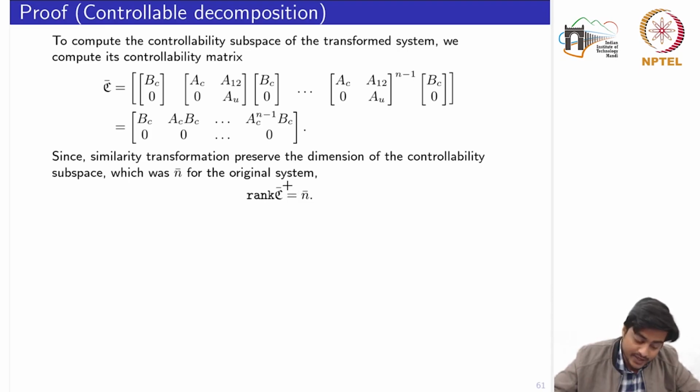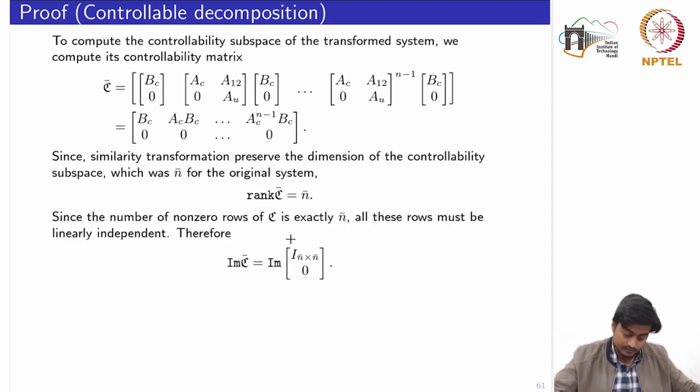Now we have extracted that subspace in terms of this controllable decomposition, which says that the rank of C bar is equal to n bar. So since the number of non-zero rows of C bar is exactly n bar, all these rows must be linearly independent. Therefore, we would have the image of C bar equal to the image of the identity matrix of dimension n bar and 0 for the rest of the dimension. Okay.